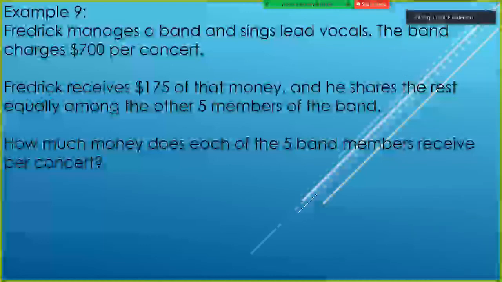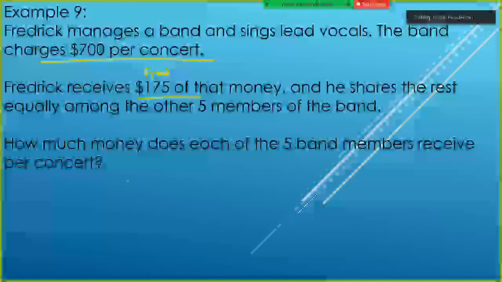Okay, so Frederick manages a band and sings lead vocals. Wonderful. The band charges $700 each concert. Frederick receives this much. Fred gets 175 out of every 700, and he shares the rest equally among the other 5 members of the band.